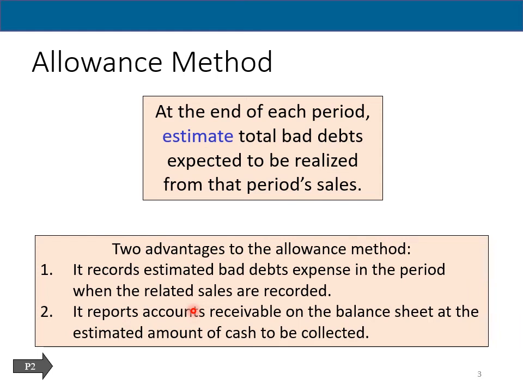The receivables number will show the estimated collectible accounts. Because if you know that some amounts in receivables will not be collected, it's misleading to show that full amount.